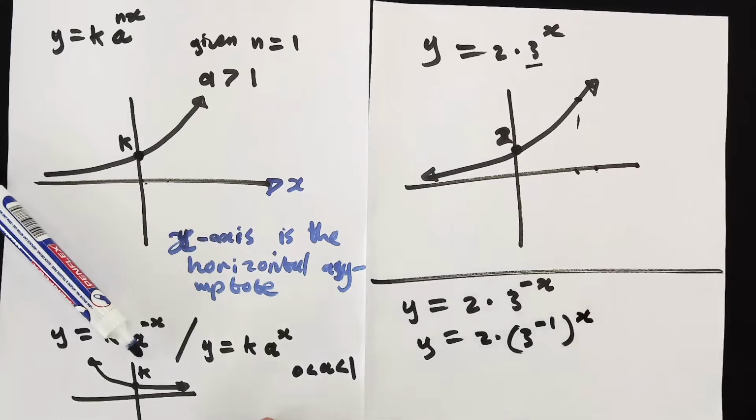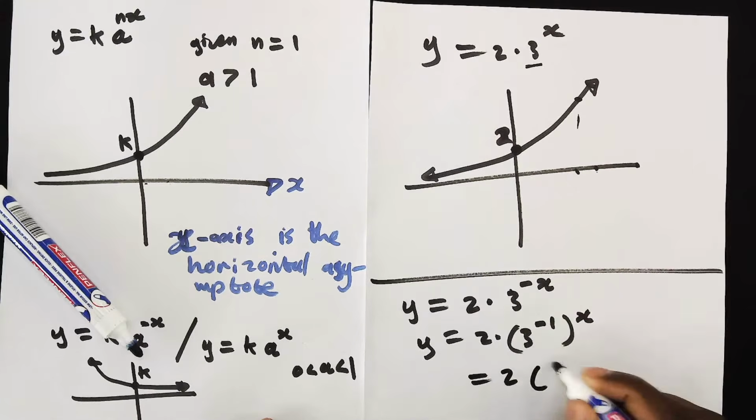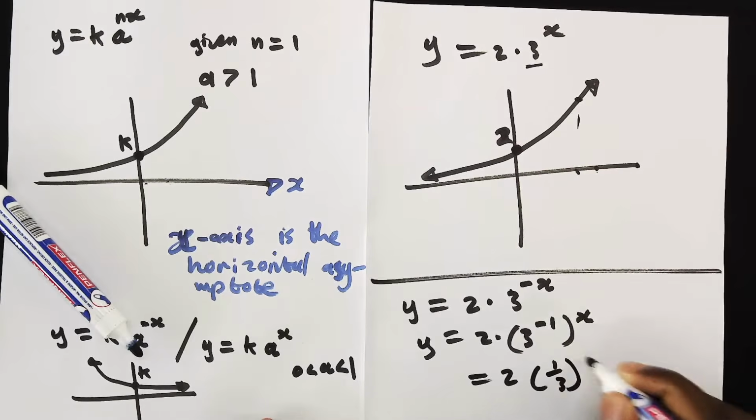Negative 1 times x is still going to give negative x. Expressing it as a positive exponent, you'll have 1 over 3 to the power of x, so making it a positive exponent, drop it down inside the bracket. So you have 1 over 3 to the power of x.